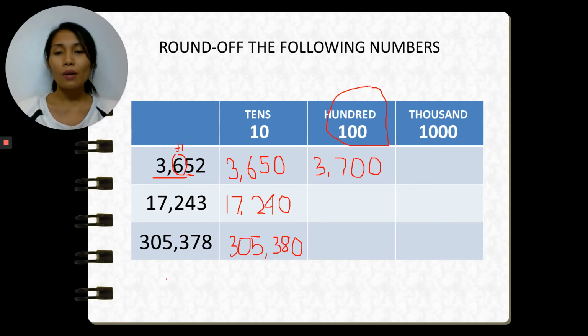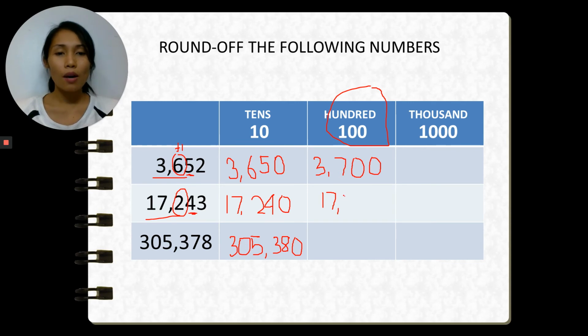Okay, so next number is 17,243. Hundreds place here is number 2, right? Now copy all the numbers on the left, 17,000. Okay, before you write down 2, you decide first, are you going to round it up or down? Okay, since the next digit is number 4, that means you're not going to round up, but you're going to round it down, and that means you don't do anything with number 2.